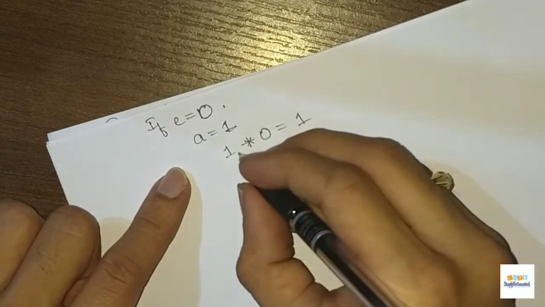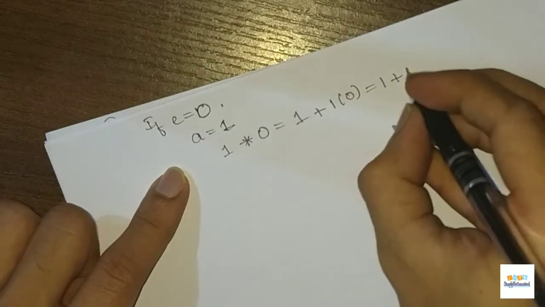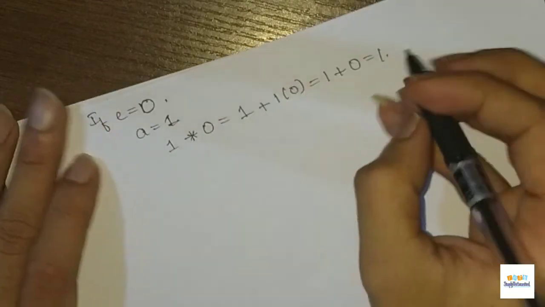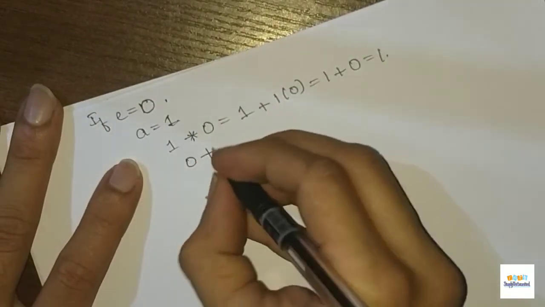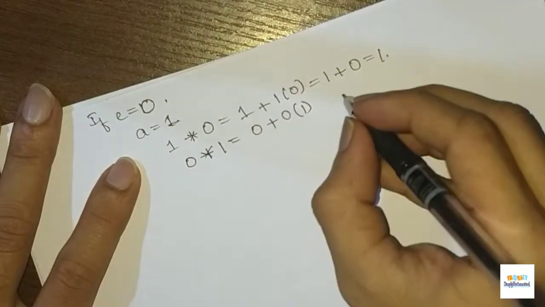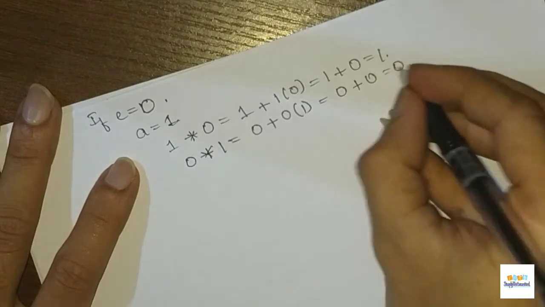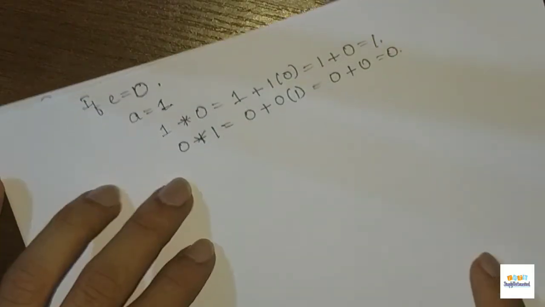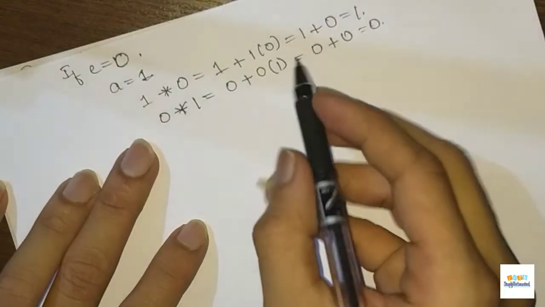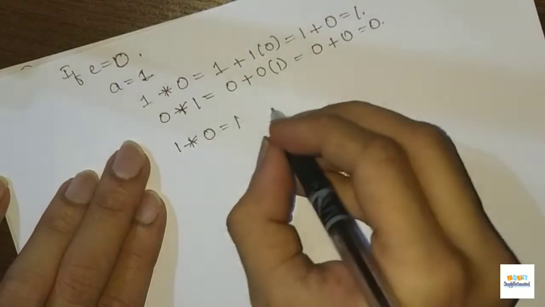So that will be nothing but 1 plus 0, which is 1, okay? Then if we check 0 star 1, what we will get? 0 plus 0 multiplied by 1, which is 0, right? So this is what we are getting. So 1 star 0 is equal to 1, right?